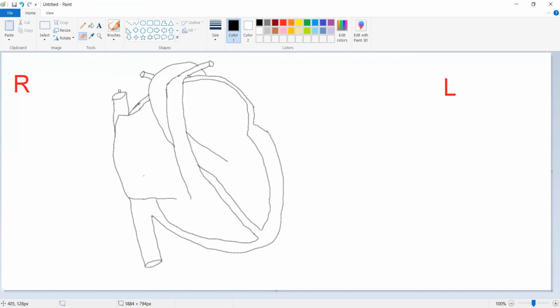Okay, after that, we want to do the branches for aorta. Remember, Mr. Ho showed just now, there are three branches. The opening.